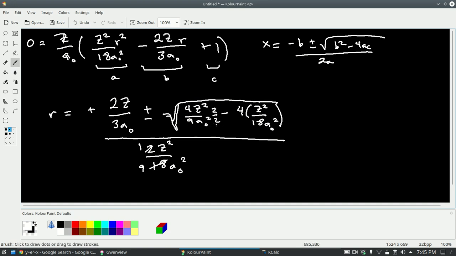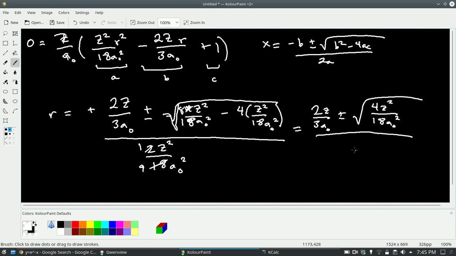You see what I mean? 2 times 9 is 18, right? So that's going to make this 8 up here and this 18 down here. So 8z squared minus 4z squared is 4z squared. So this is equal to 2z over 3a naught plus or minus square root of 4z squared over 18 a naught squared.